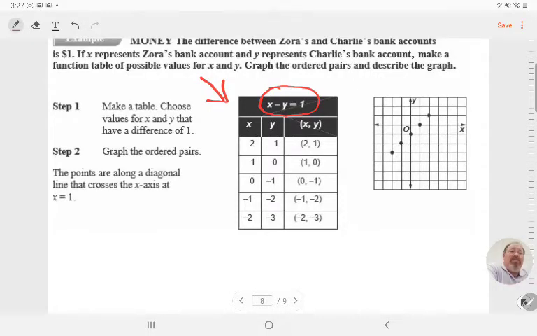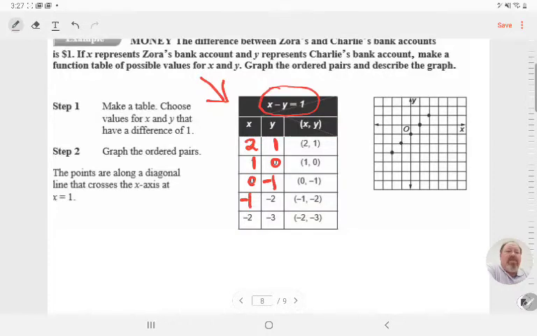Now, we can plug in whatever numbers we want as long as they equal 1. So if I plug in 2 for X, I would have to have 1 for Y, because 2 minus 1 is 1. If I plug in 1 for x, 1 minus 0 is 1. If I plug in 0 for x, then y would have to be negative 1, because 0 minus negative 1 would make a positive 1.